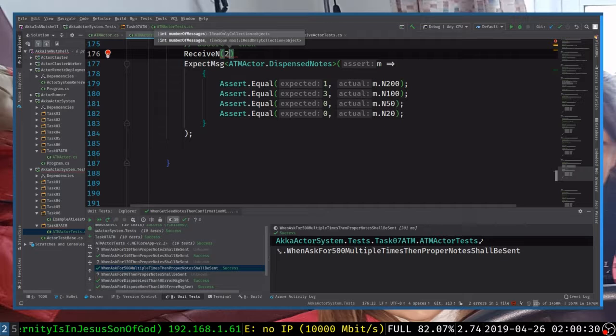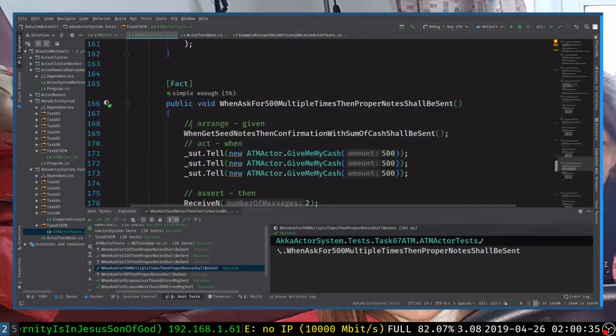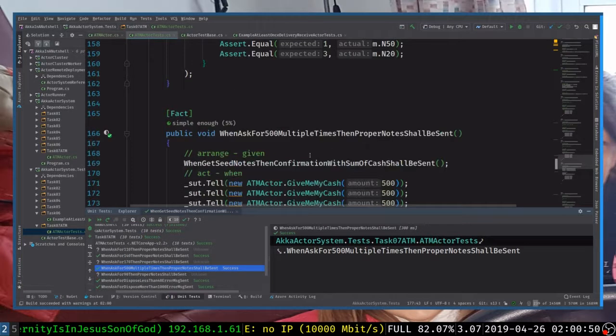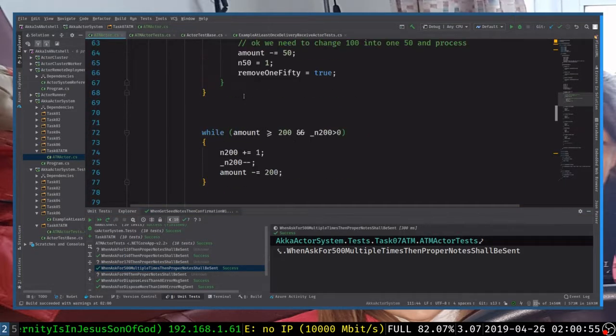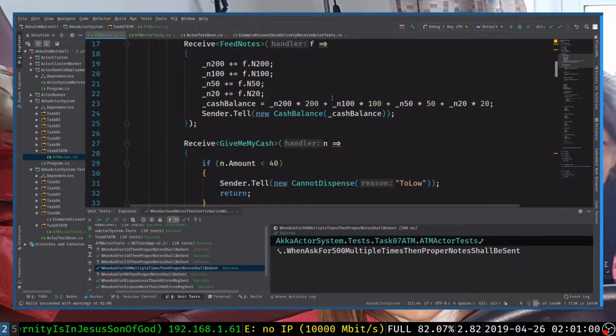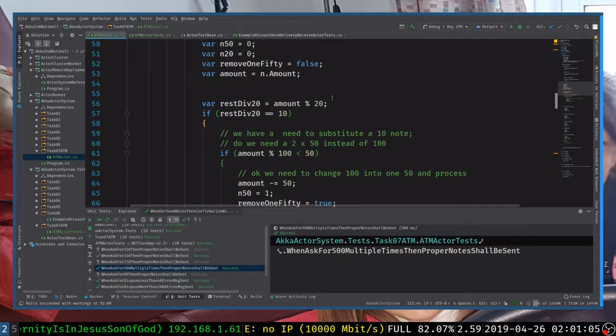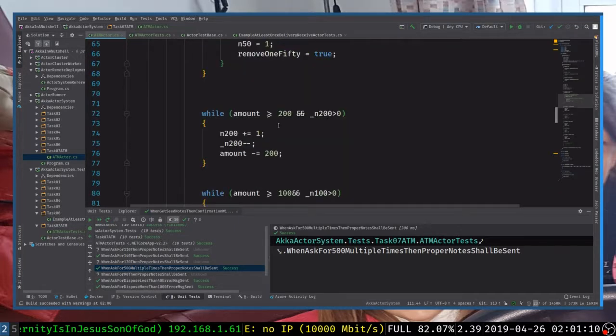Receive, and that means we need to receive 2 messages, and then the third will be inspected. Perfect, that works. So that means we okay to go. Or maybe we should ask for balance. That is something that we can do.